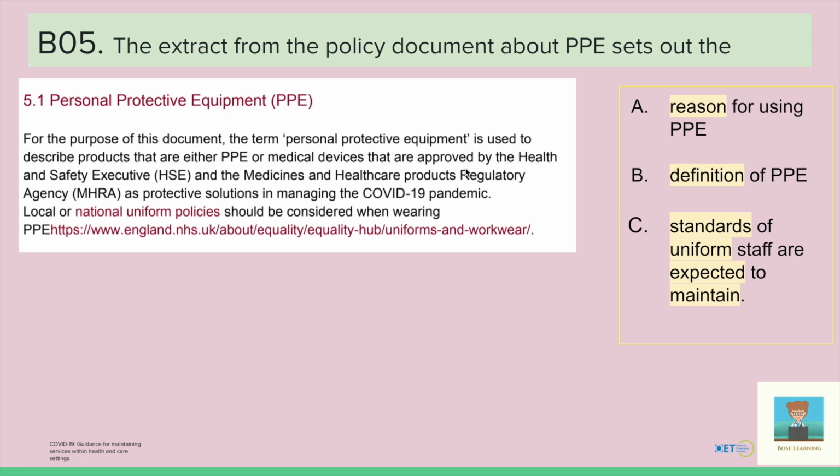Does it tell us why we should use it? No. Does it give us a definition of PPE? Yes, it tells us what it is. Let's just double check. Standards of uniform staff are expected to maintain. No, it just tells us that uniform policy should be considered. So the answer is B in this case.